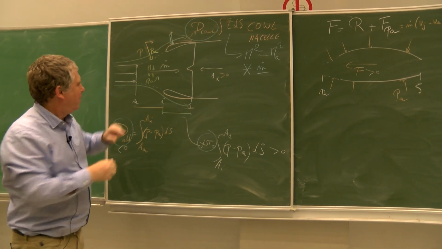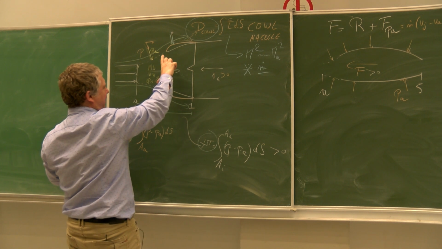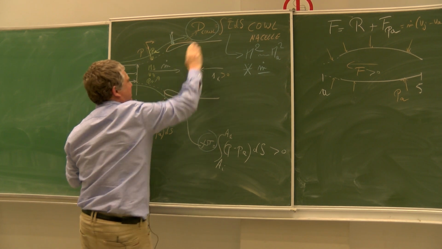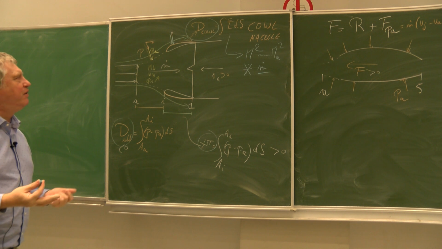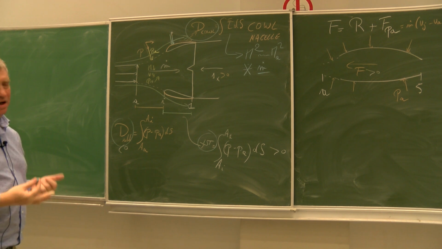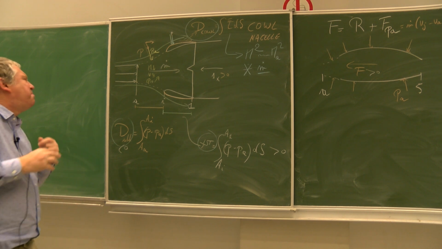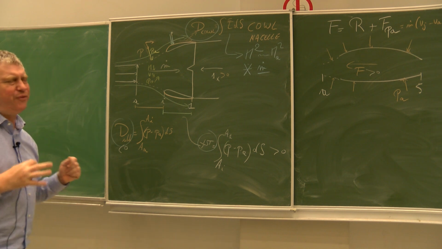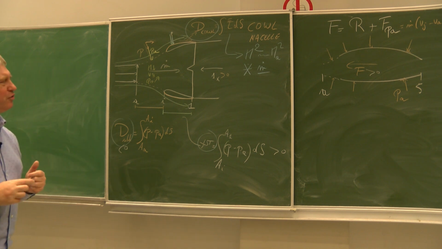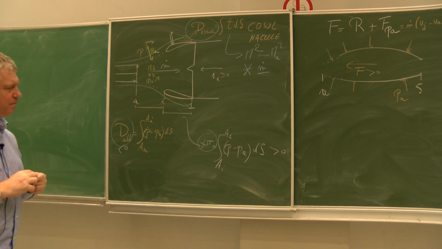Whatever m dot, whatever the shape of this channel, you will have the same speed on the external side for the d coal, which may have some very minor differences, but it will not really impact the situation.